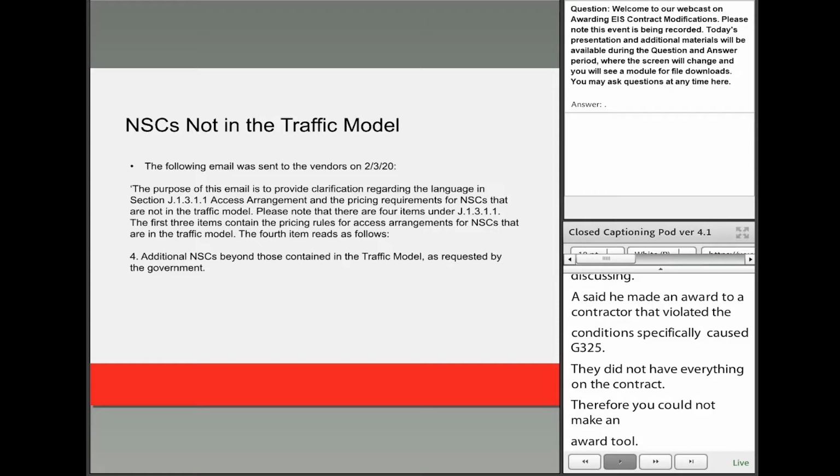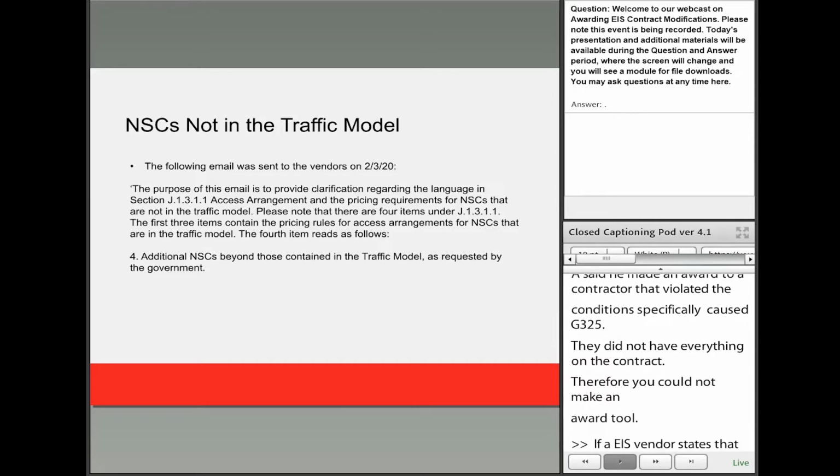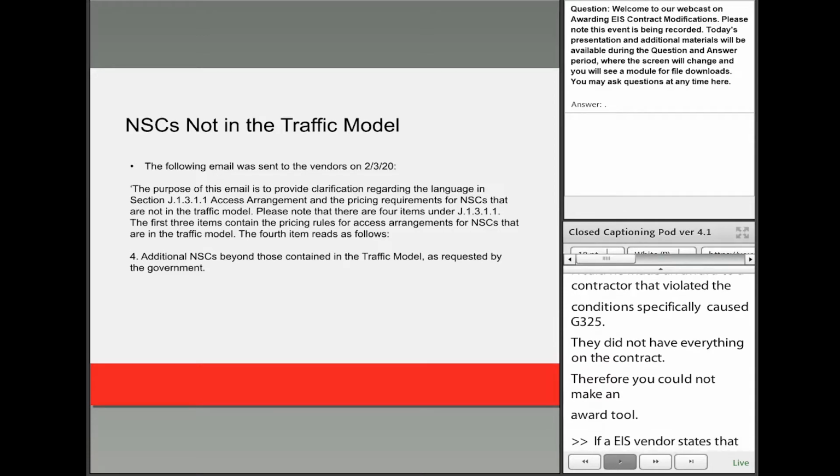With catalogs, all we add to the contract is the device class discount or service class discount. So if an EIS vendor states that they want to add Cisco large routers to their catalog, they come in and say, we're going to give you a 35% discount off the manufacturer's list price or the original list price.